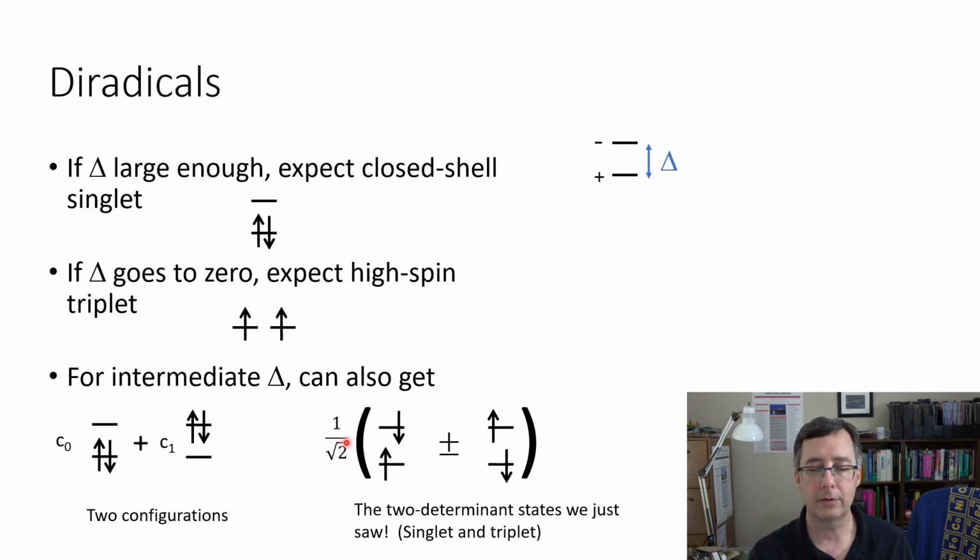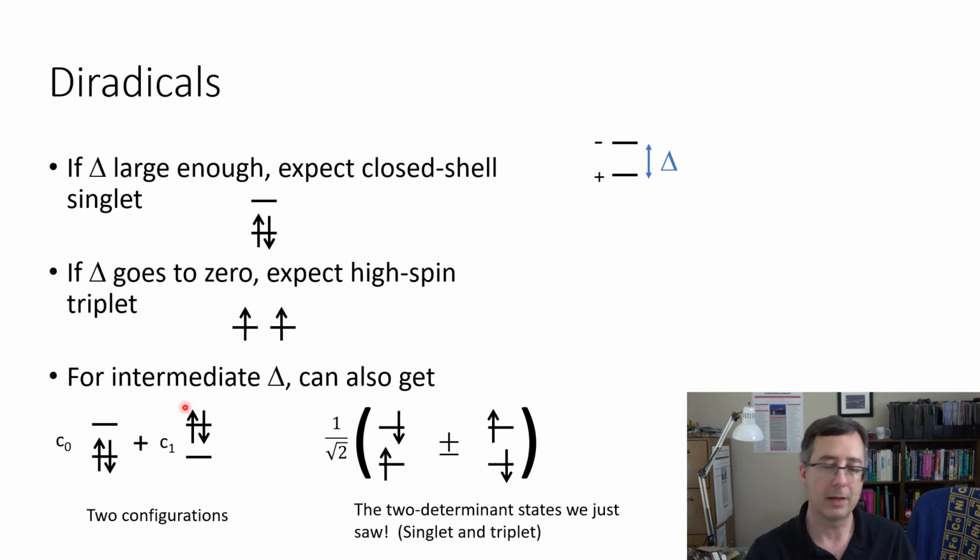Or I could get a situation kind of like this, where I have an open shell singlet or a low spin component of a triplet. And in general, if it's a diradical, you'd probably go for a two configuration calculation, because if you do this, it turns out that by transforming the orbitals, the open shell singlet would come out of this as a special case in which C0 equals C1.